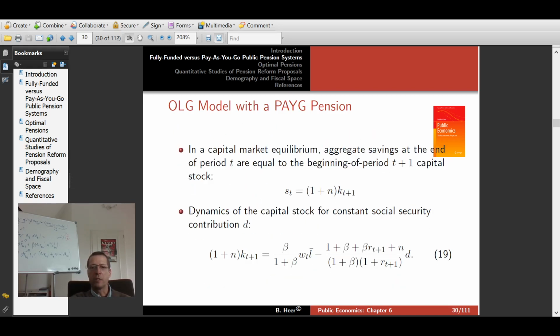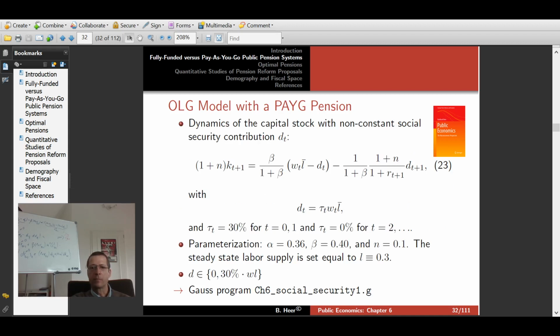And we consider an economy where alpha is equal to 36%. So we use a Cobb-Douglas production function. Capital share is 36%, labor is 64%. And we look at a social security contribution, tau, of either 0 or 30% of gross income.